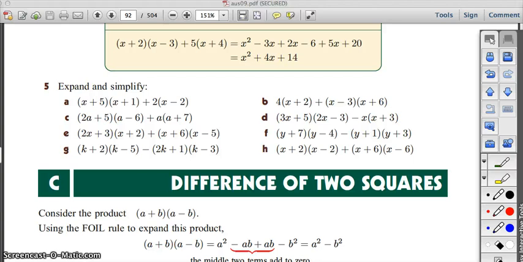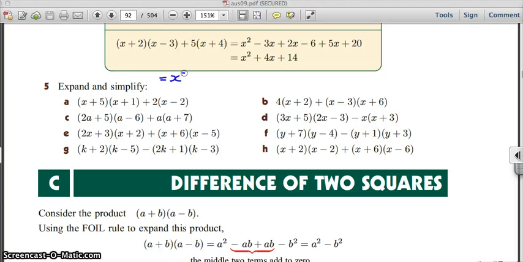Are you happy with me going straight away to x squared? Or would you prefer me to write x times x? Okay, yep. So first, absolutely. Then it's just x, because it's x times 1. So it's just x, good. And then 5x and 5.